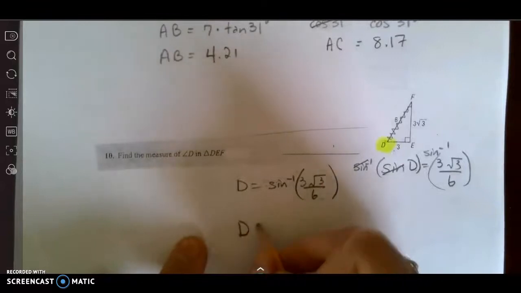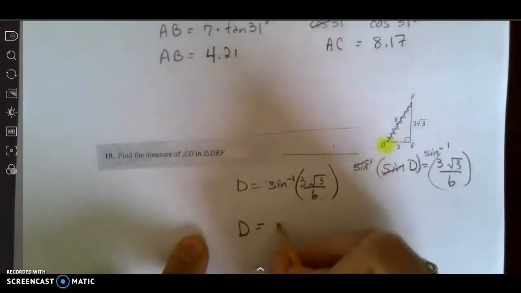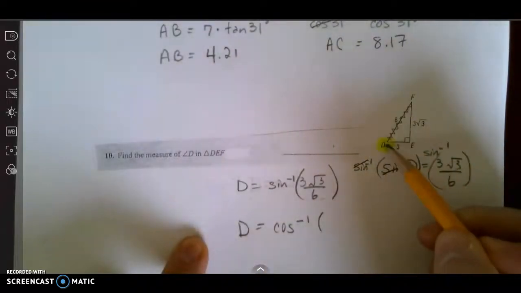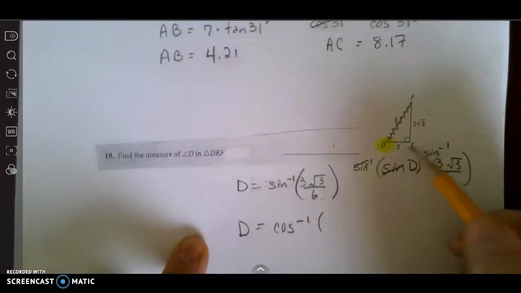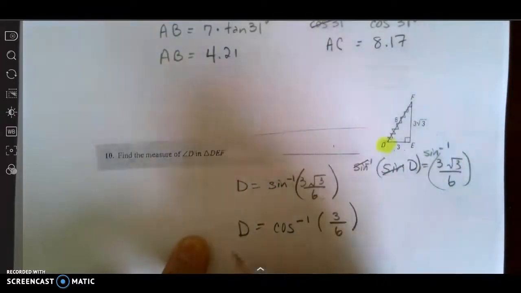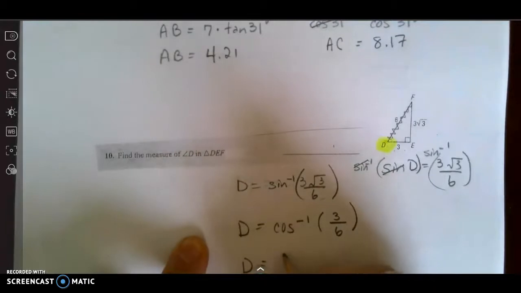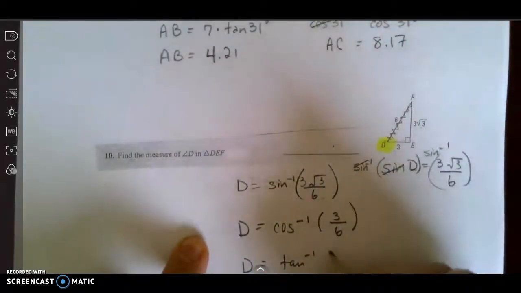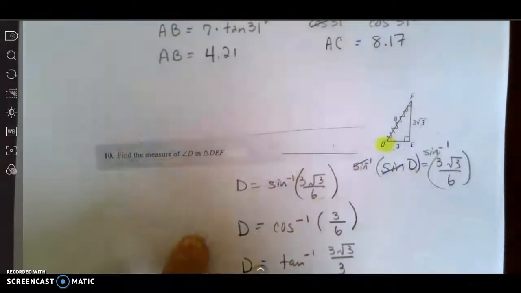I could also do that D equals the inverse cosine. Inverse cosine would be adjacent over hypotenuse. Or I could even do inverse tangent, which is opposite over adjacent.